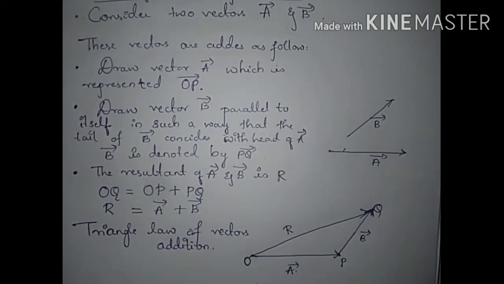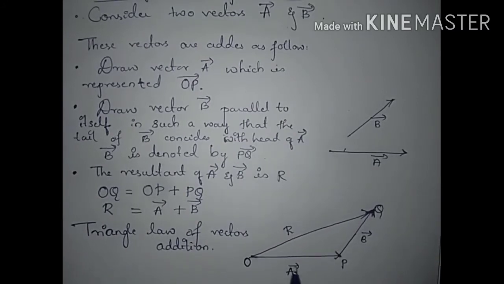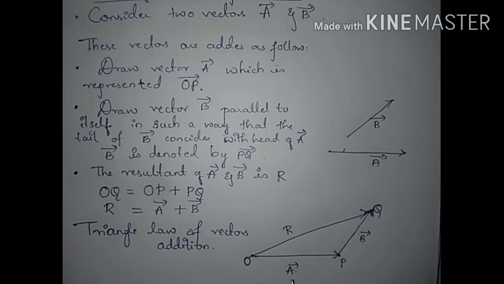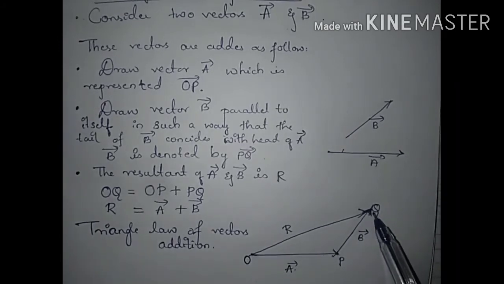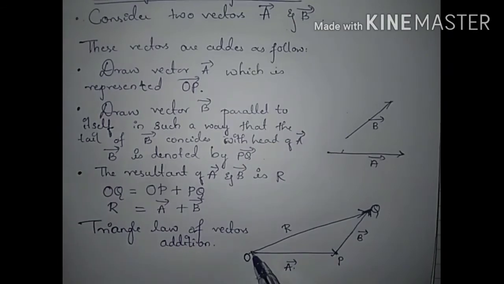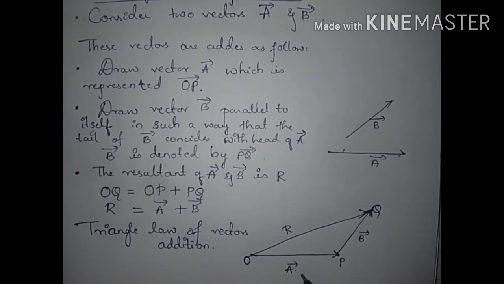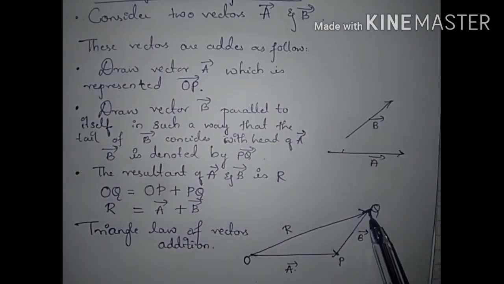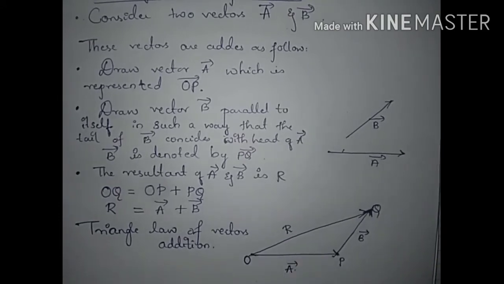You have to find the resultant vector R of the vectors A and B. To get the resultant vector, you have to draw another vector that starts from the tail of A and ends at the head of B. So this is the resultant vector.